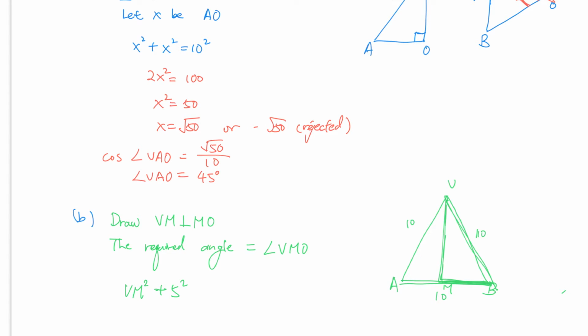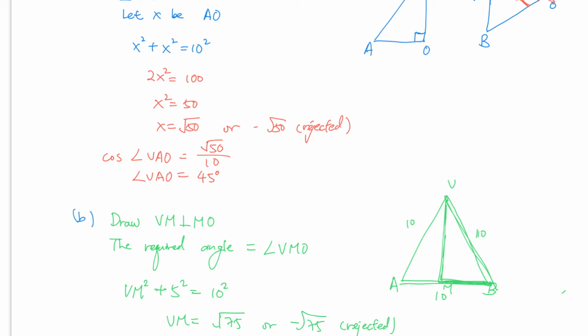Remember, this is an isosceles triangle, so M is the midpoint of AB. It is equal to 10 squared. So VM is equal to square root of 75, or negative square root of 75. Reject the negative.